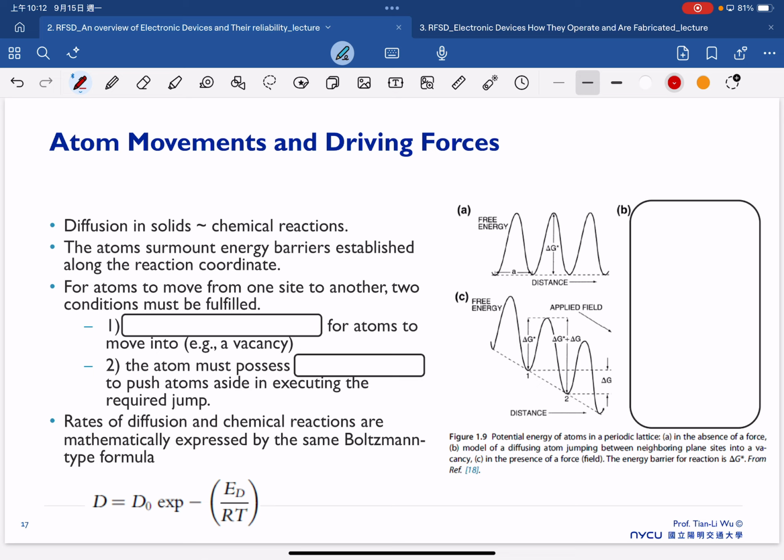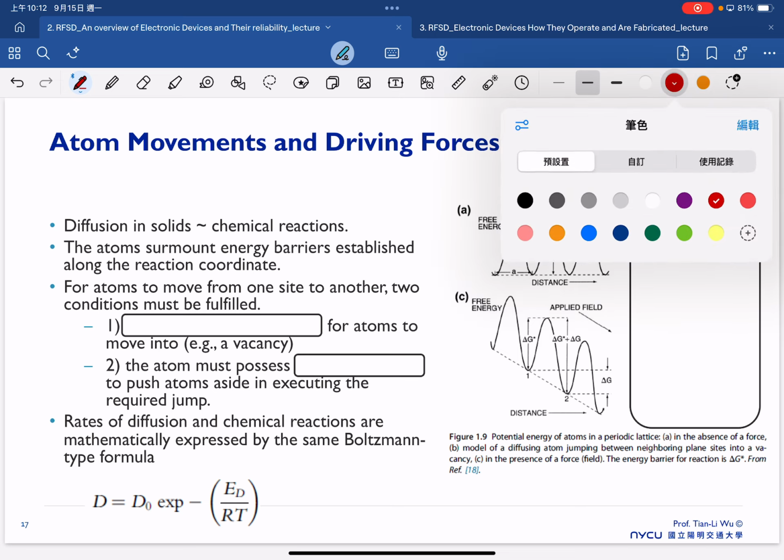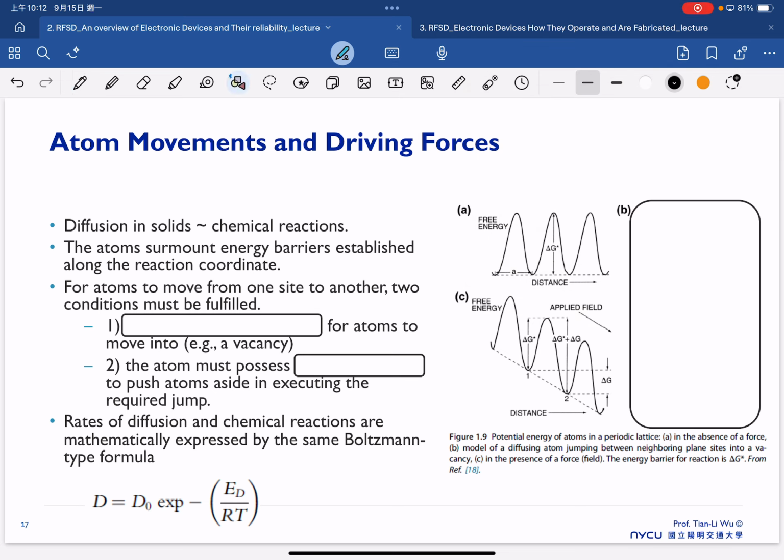Diffusion in solids in general considers chemical reactions, and when we try to describe this, we have to come up with a certain picture as shown here. Imagine that we have a crystal structure where we have the lattice, with the atoms arranged like in here. This is a very periodic lattice arrangement.